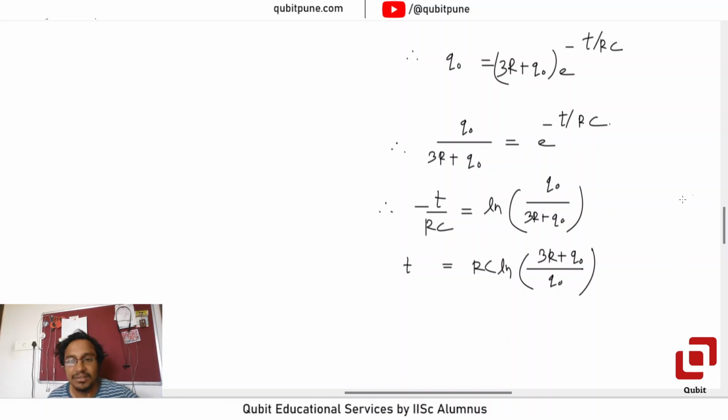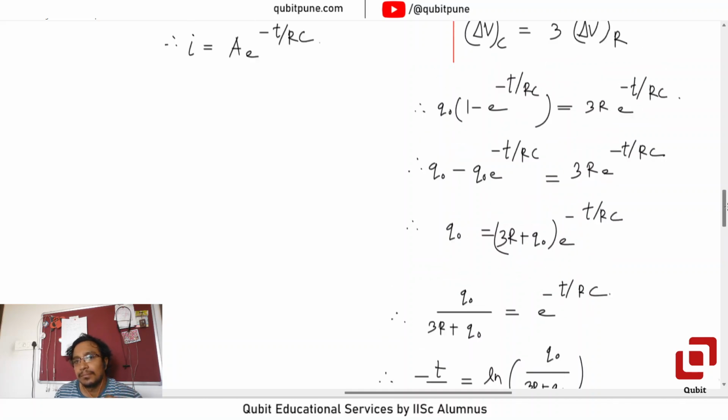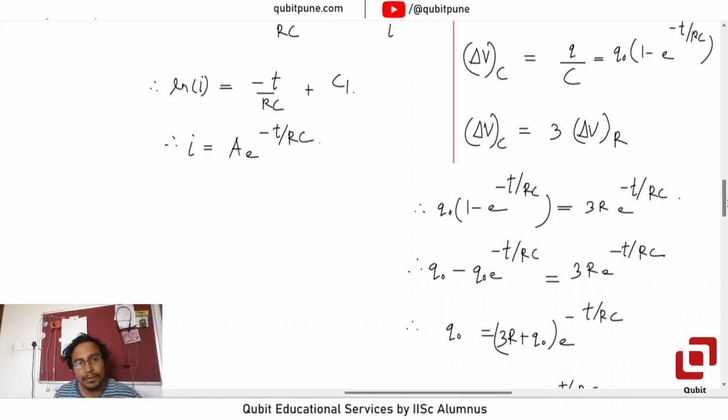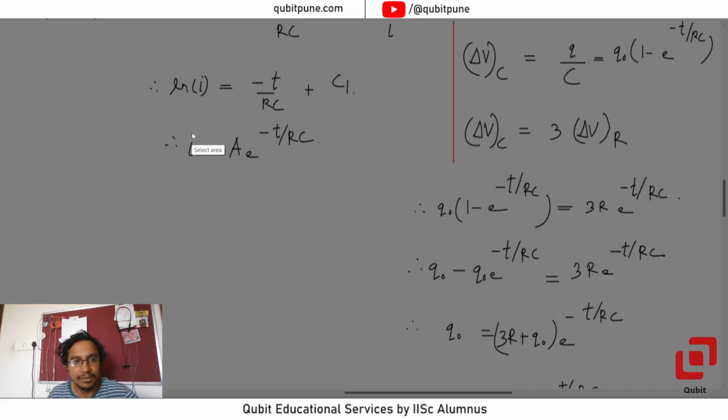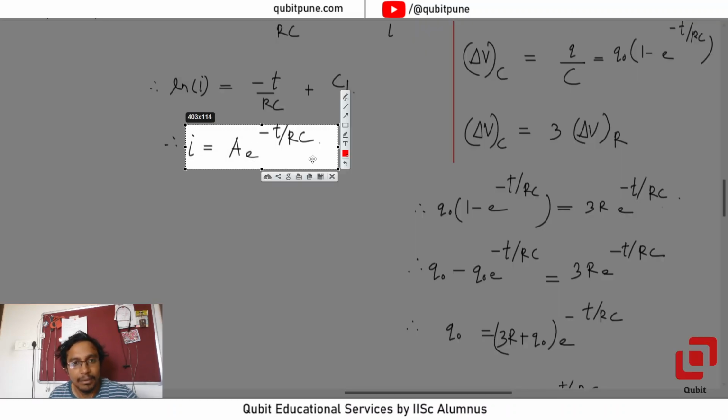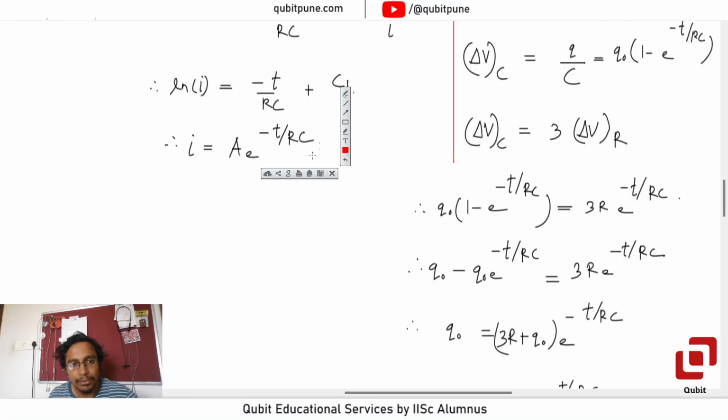Now my question is, how will you find Q naught? dq by dt equals I. Q naught is a constant, so we can't differentiate that. No, he is saying integrate I, Q will come, then put t as 0 there.